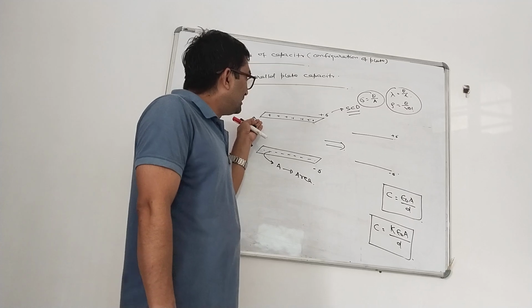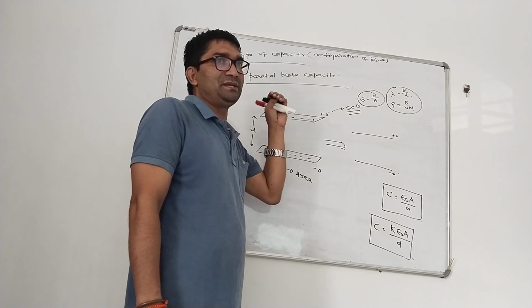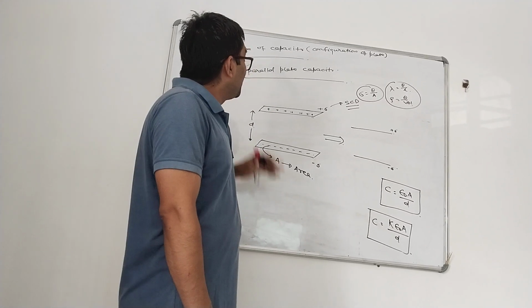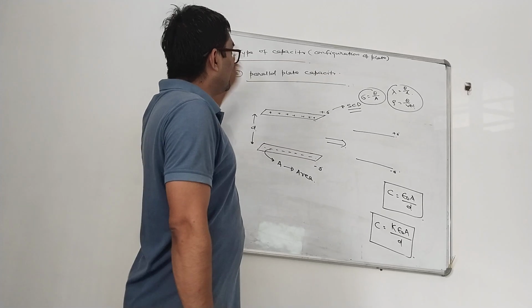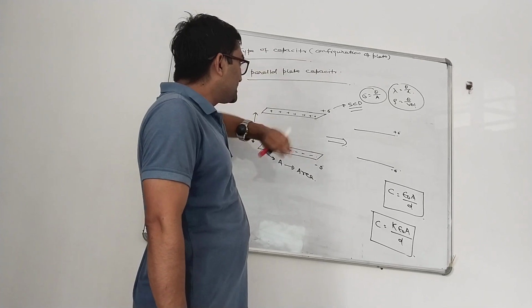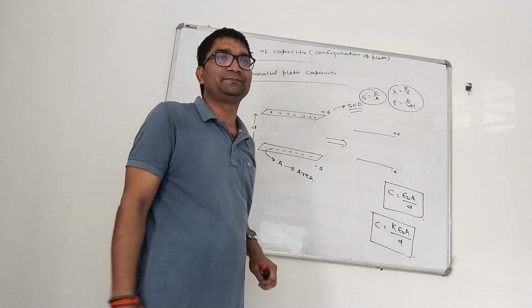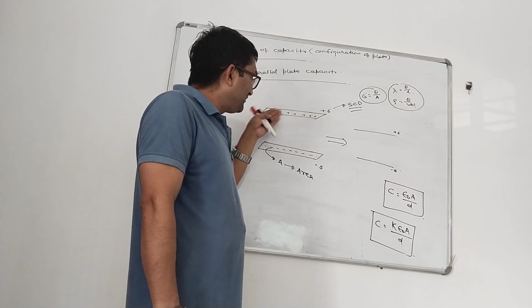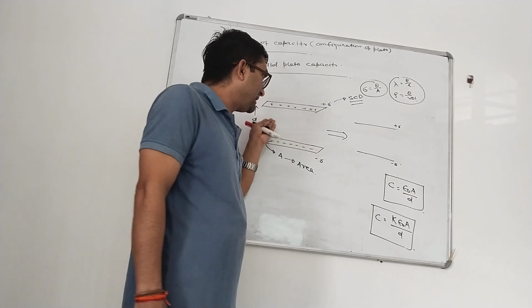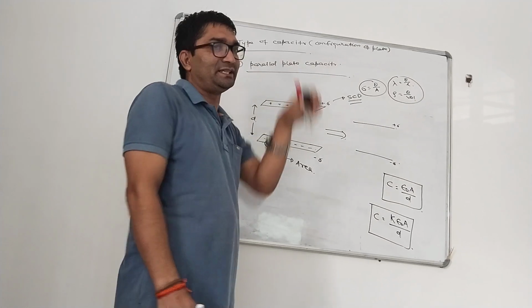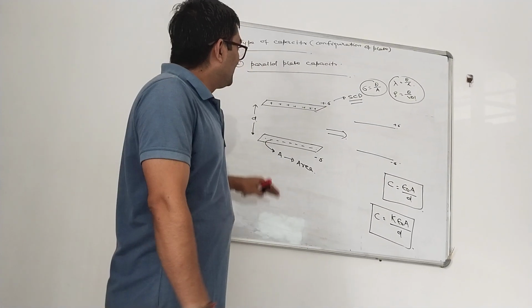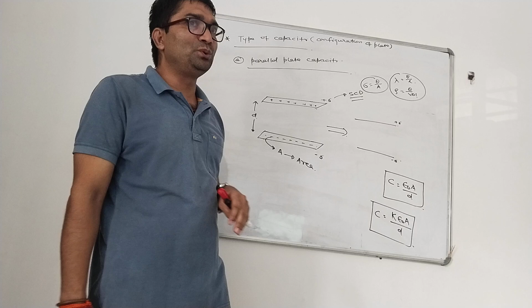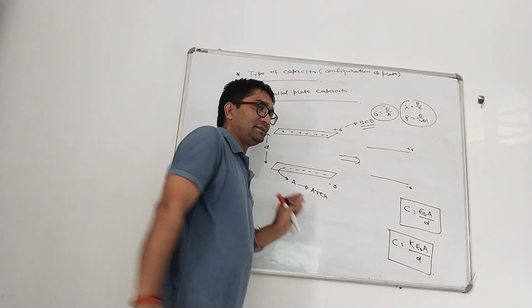If I use mica, it becomes a mica capacitor. So basically this is also the classification of capacitors on the basis of dielectric. When I use different dielectrics, different types of capacitor are formed. From this topic we want to discuss only two terms here.